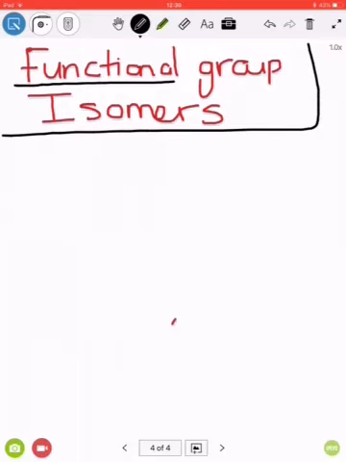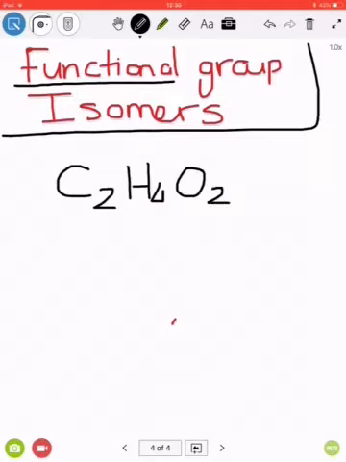So if you look at something with a formula, let's say C2H4O2, I think this is the one in your book. Let me just quickly check. Yes, this is the one in your book. Now, if I'm drawing that, there's 2 ways I can draw that. I could have 2 carbons like this. Now I need 4 hydrogens. So this carbon could take 3 hydrogens.